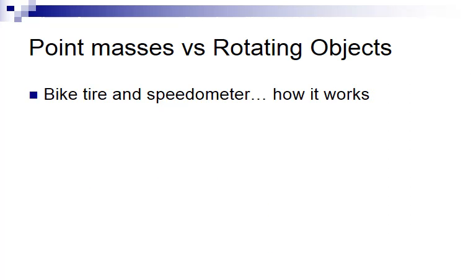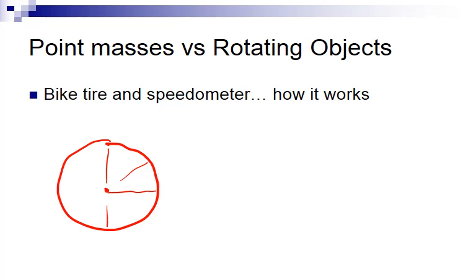So if you think about point masses versus rotating objects, right? Bike tire, speedometer setup like we're looking at here. Let's go ahead and draw a bike tire. And in class, I'll show a bike tire that I spin, but we'll just illustrate that here.